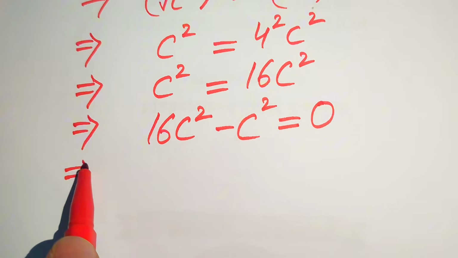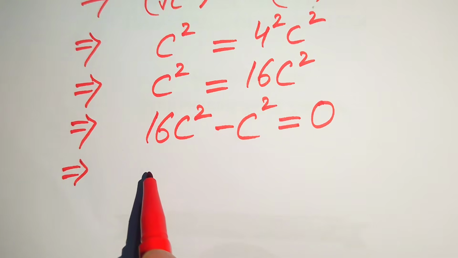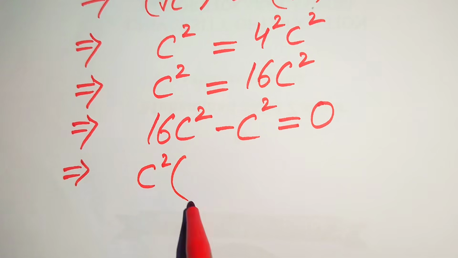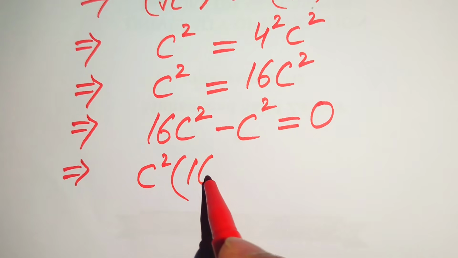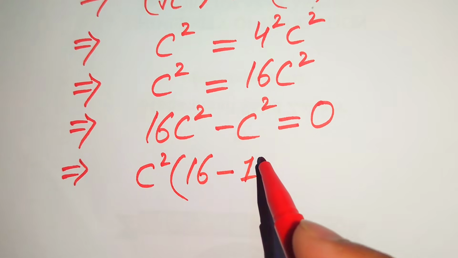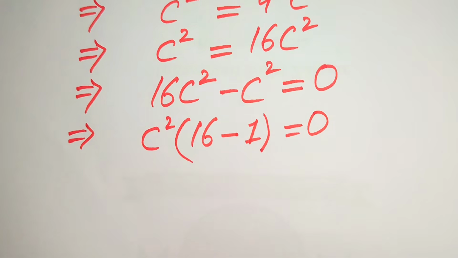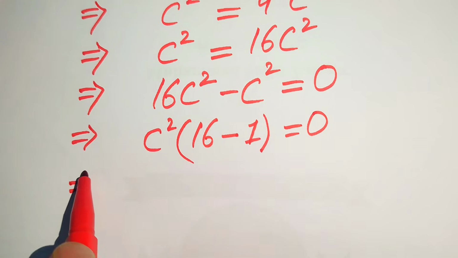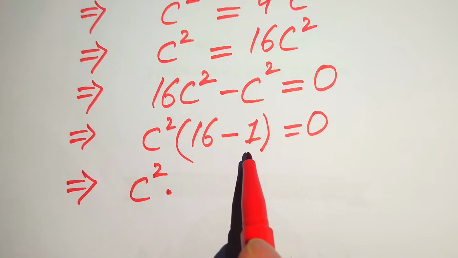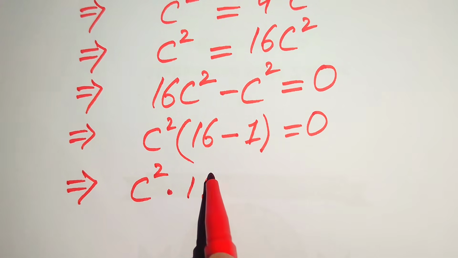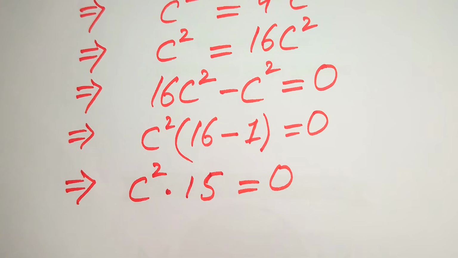Further, you see here both of these two terms involve c square, so we take common c square from here, and in the first term we get 16 minus, in the second term we get 1, and this whole equation is equal to 0. And now in the next step we need more simplifications, and we get here c square times 16 minus 1 becomes 15, and this whole equation is equal to 0.